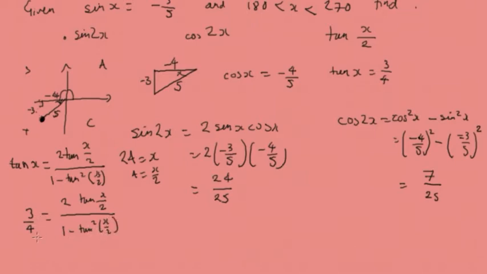We're going to rearrange all this. So we'll cross multiply, and we'll get 3 tan squared x over 2 plus 8 tan x over 2 minus 3 equals 0.